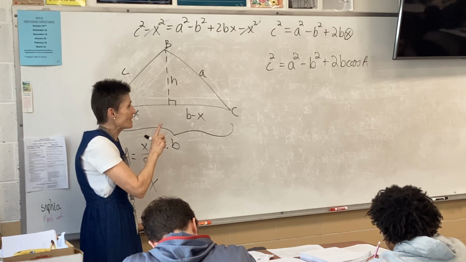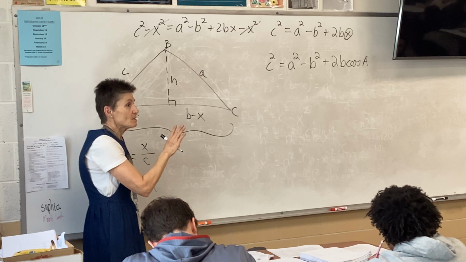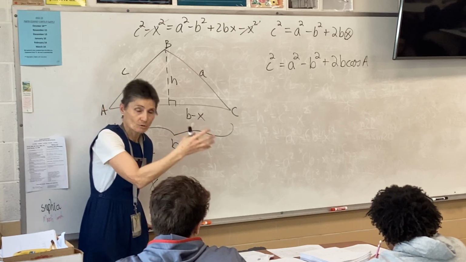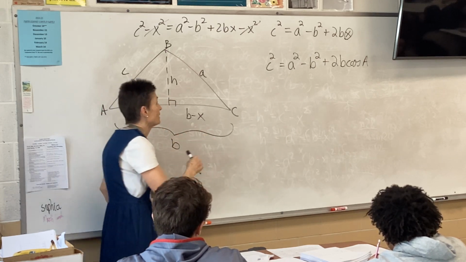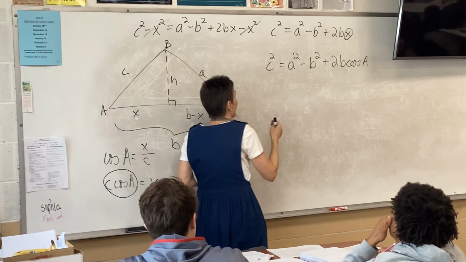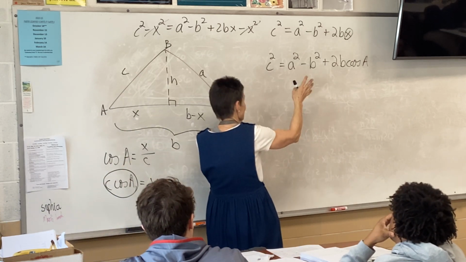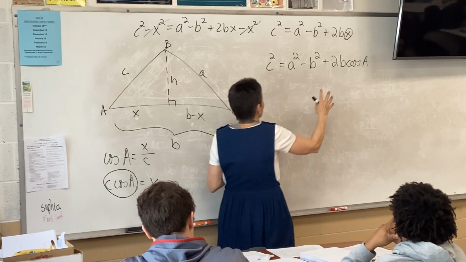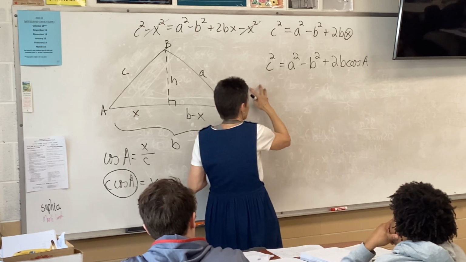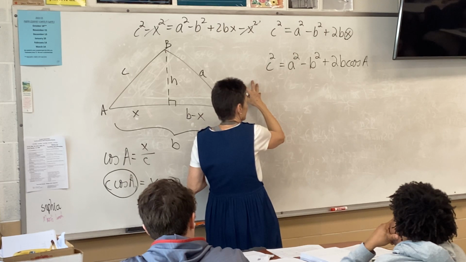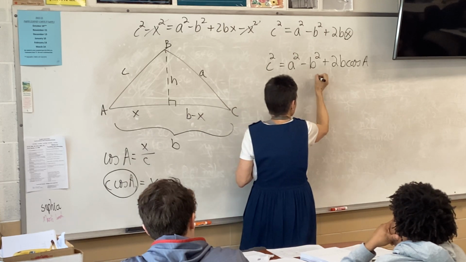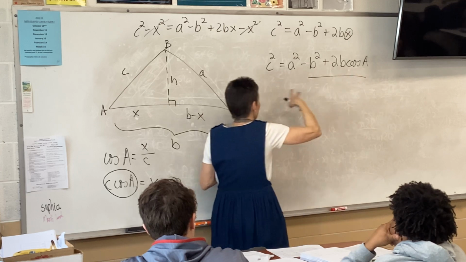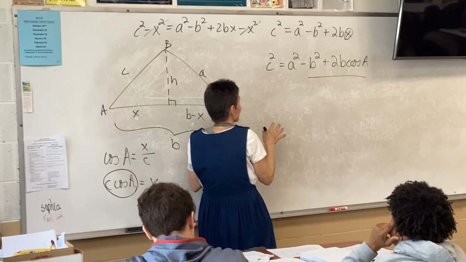Now, I'm going to rearrange a little bit so that it looks like what you'll see in a textbook or what you'll want to memorize. This is essentially the law of cosines. But when we write it, I'm gonna move all this to this side, so that a squared is by itself.